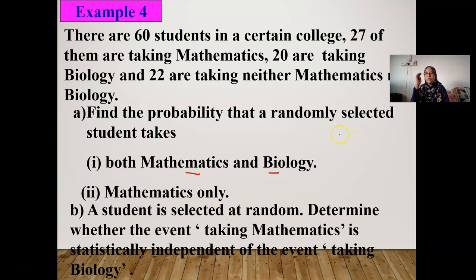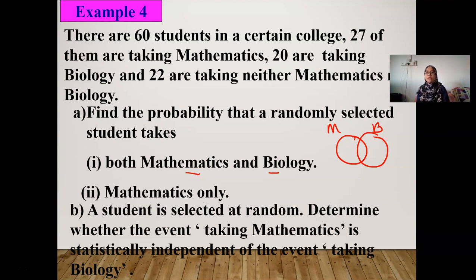So in our understanding, mathematics and biology will overlap, because there will be students who are taking both, kan?